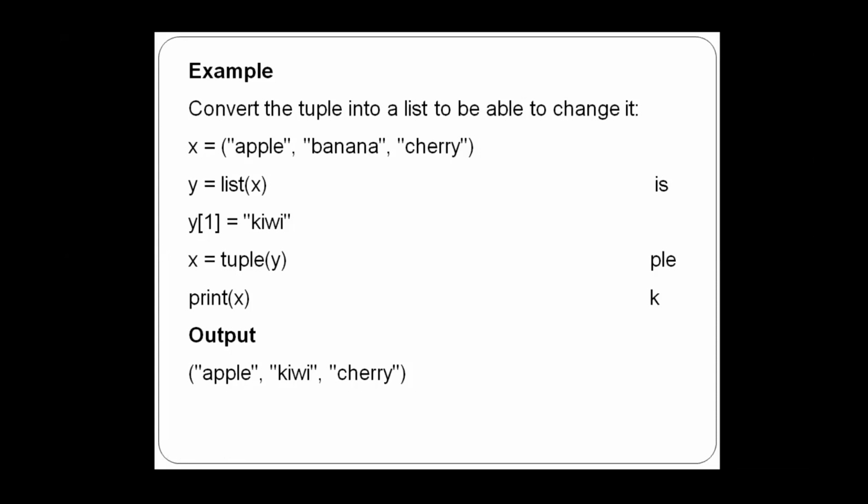If you look at the result, it is now in the form of a tuple. So why am I doing this roundabout method? The reason is that the elements of tuples cannot be changed because they are immutable.